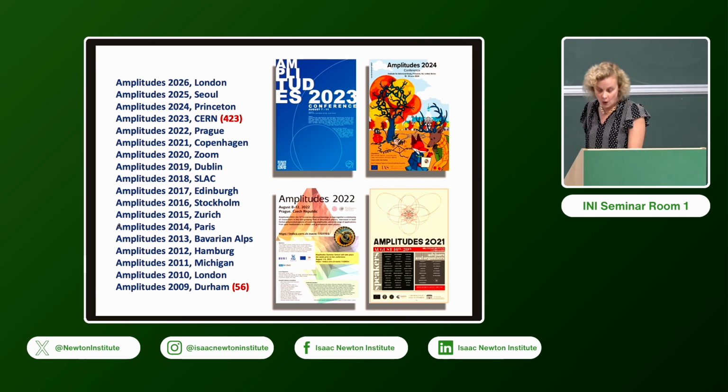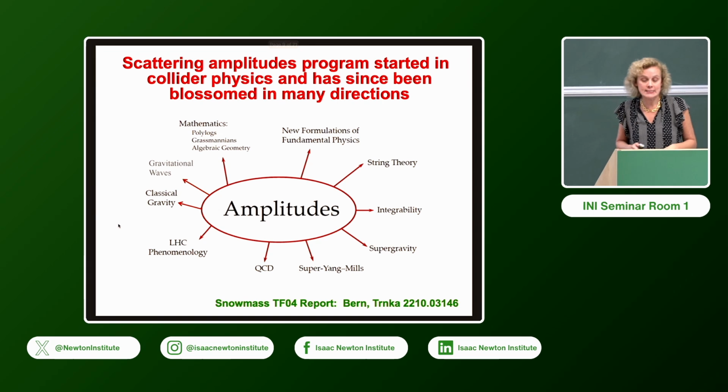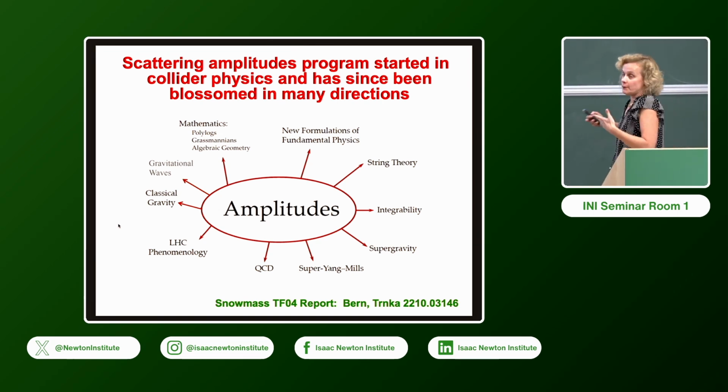The field grew. And although it started with collider physics, so people wanted to precisely compute various processes, it blossomed in many directions. Now it's a subfield in high energy theory, and there's a Snowmass report on the whole field.